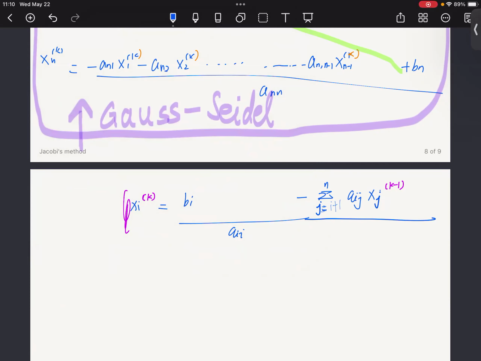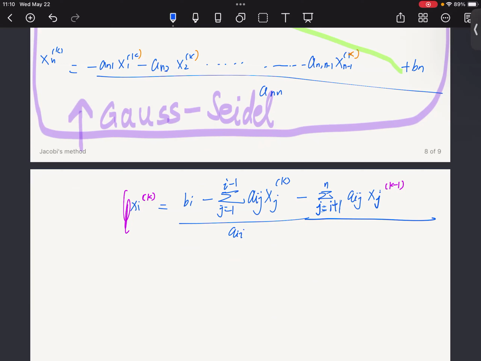And before the index i, what do we have? We have the sum from j equals 1 to the item right in front of the index i item. So here it should be j equals 1 to i minus 1, a_ij, and then xj. Now the things in front of the index i are from the k vector.